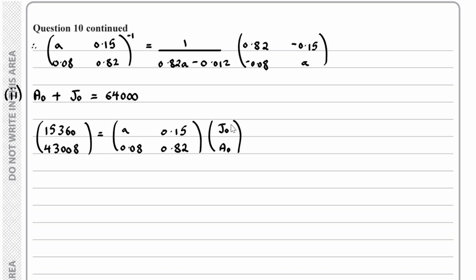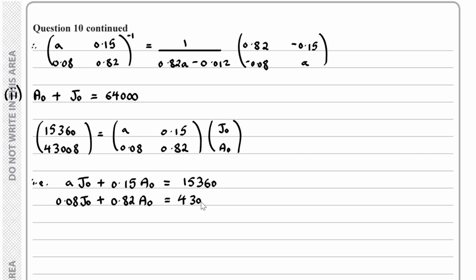Let's write this down. We have A times J0 plus 0.15 times A0, and this is equal to 15,360. And then we have 0.08 times J0 plus 0.82 A0, and this is equal to 43,008.